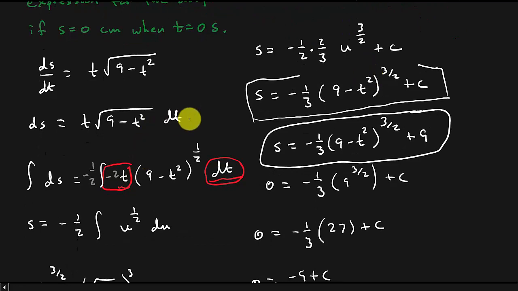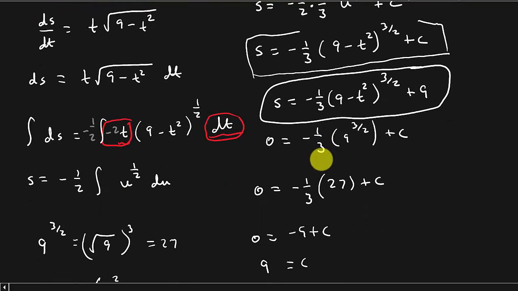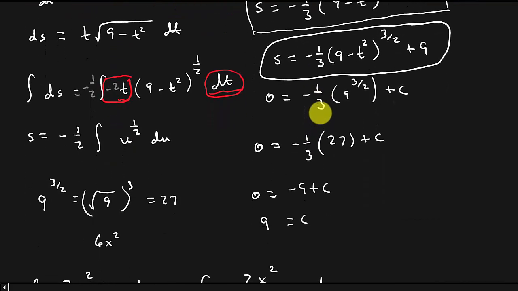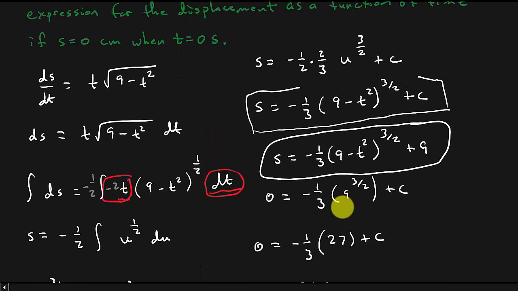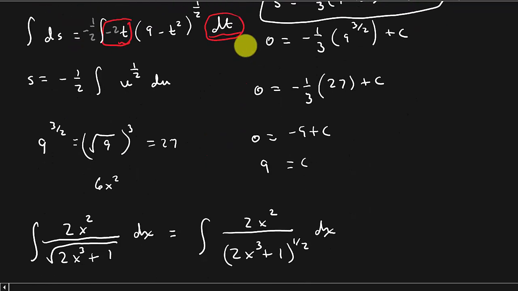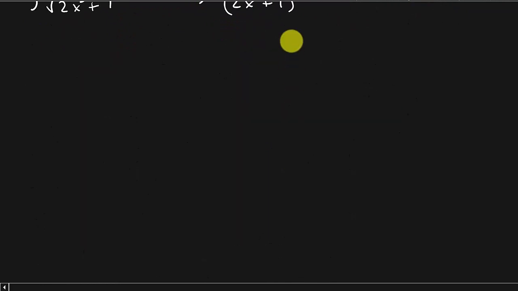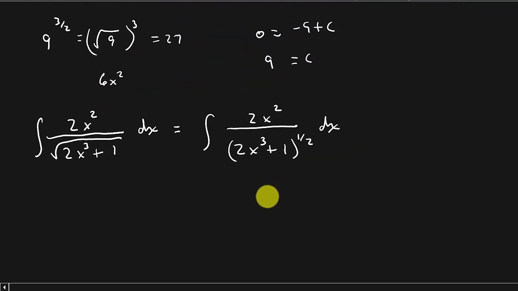But remember, I let u equal 9 minus t squared, and so du was negative 2t dt. See, it didn't match this out here, but there was a 1 in front of the t, so I just multiplied by negative 2, and then went outside and multiplied by negative 1/2. Okay? And so now that gets us back to this problem.